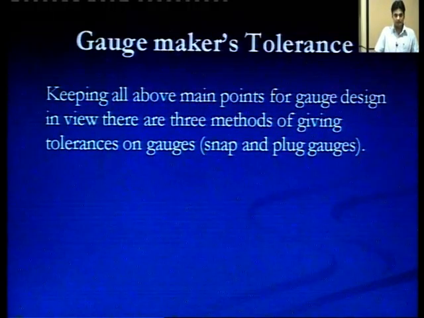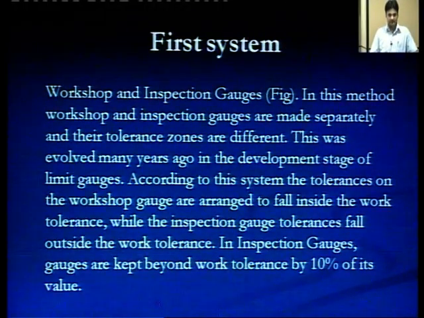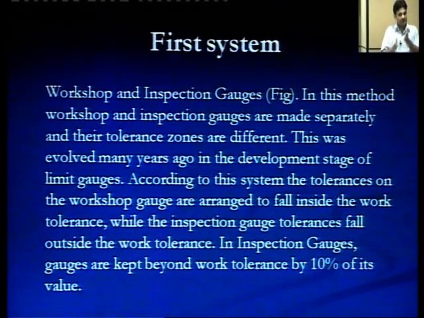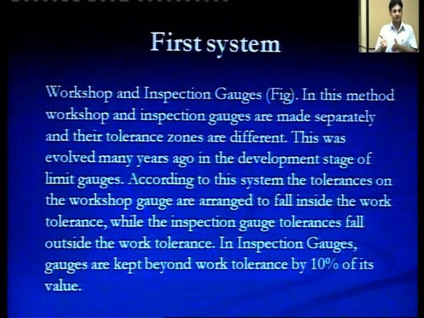Now, keeping all the above main points for gauge design, there are 3 methods of giving tolerances on gauges, that is on snap and plug gauges. The first method is in the case of workshop and inspection gauges. In this method the workshop and inspection gauges are made separately, that is, their tolerance zones are very different from each other. This was developed in earlier years.